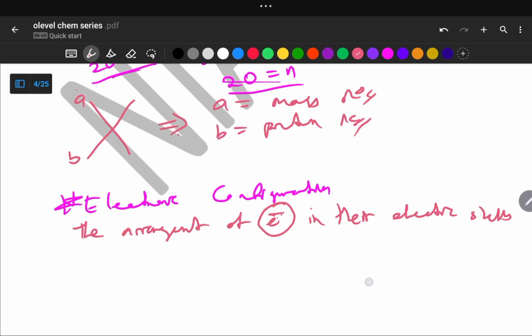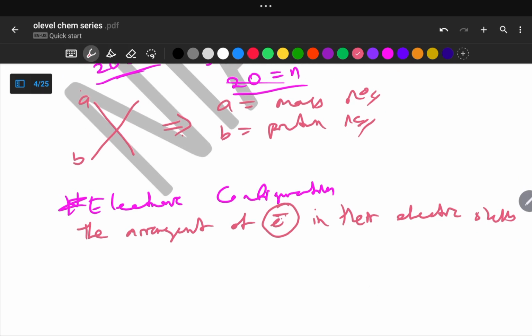So what are we saying here? We want to write the electronic configuration of, let us say, sodium. So sodium is number 11 on the periodic table with a mass of 23, relative atomic mass of 23, right? So electronic configuration, from the definition, is the arrangement of electrons in their electric shells. So we want to write the shells.